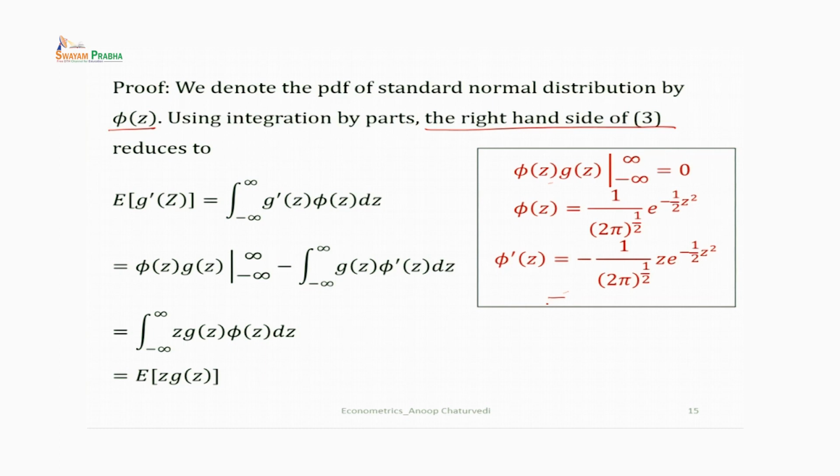Actually, this is equal to minus z phi z. So, we write phi dash z equal to minus z phi z. So, you get a plus sign here, integral from minus infinity to plus infinity z G z phi z dz. And this gives you expectation of z G z. So, hence we obtain the result.